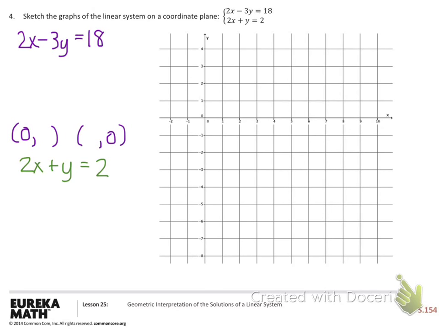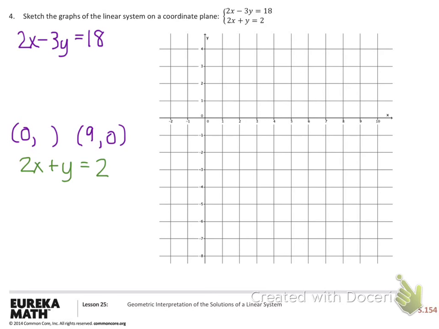So putting in 0 for y, I would have 2x minus 0 is equal to 18. So x would be equal to 9. So when y is 0, x is 9. I did that backwards. Okay, so let's clear that out. Whoops, let me clear all of that out.